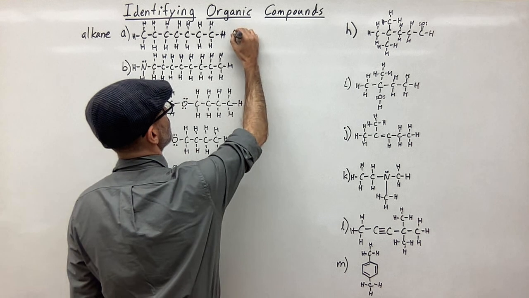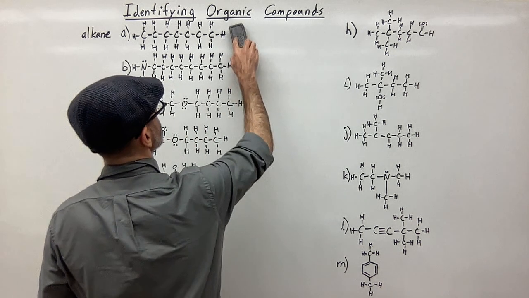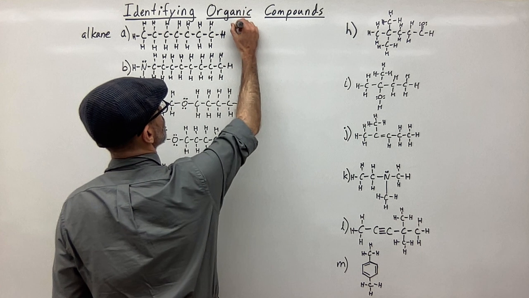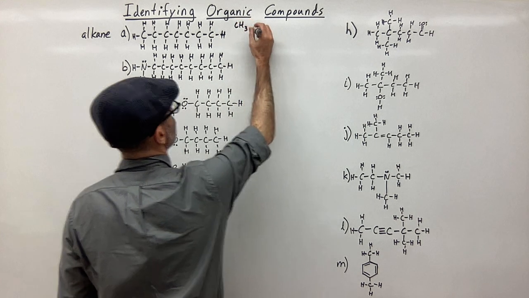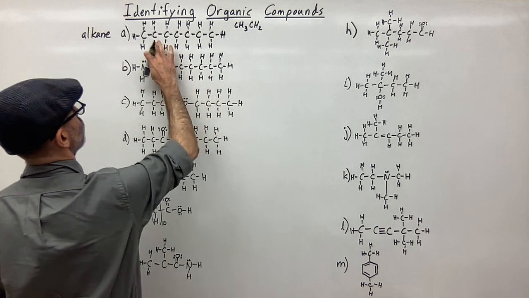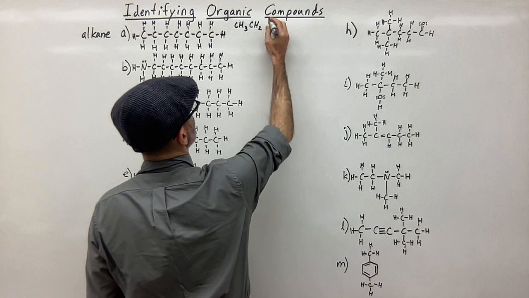Let me write this a little bit higher up. So this is going to be CH3, CH2, and how many CH2 groups? I have 1, 2, 3, 4, 5. So 5 CH2 groups.